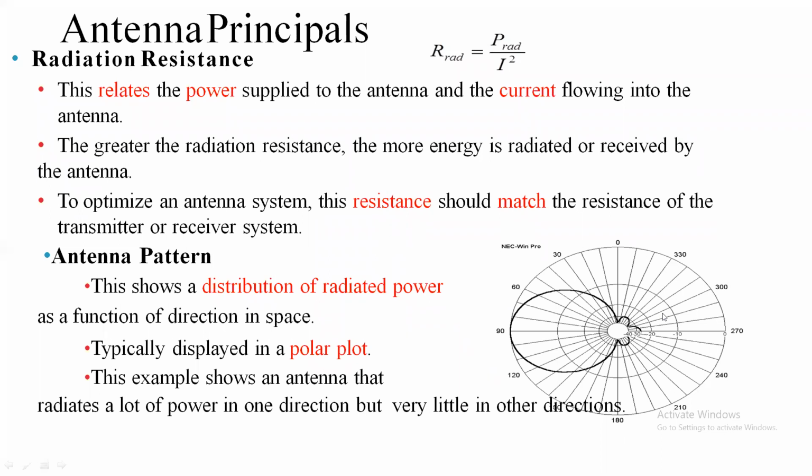These antennas are used to transmit and receive the signals. These antennas are categorized based on the principles into two types: one is omnidirectional and the other is directional antennas.